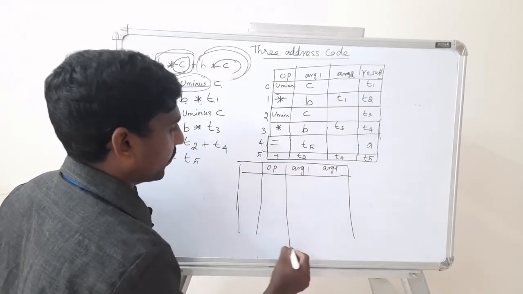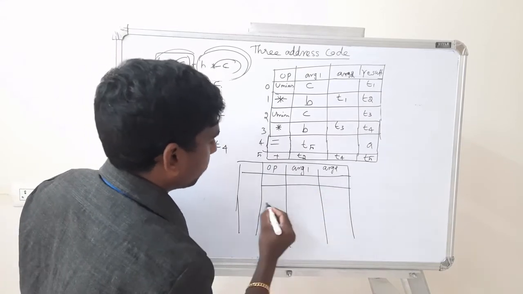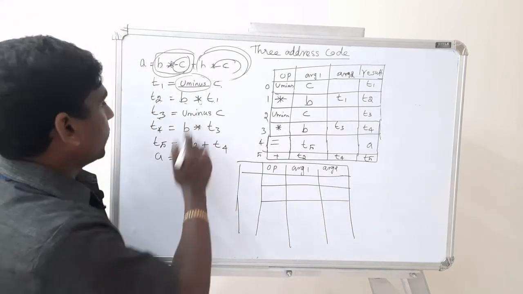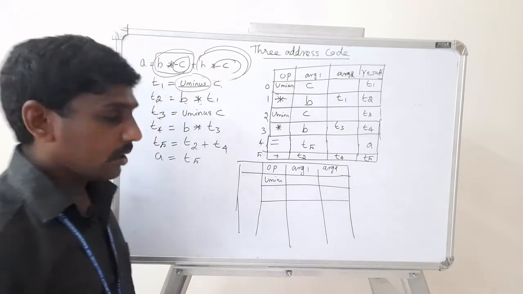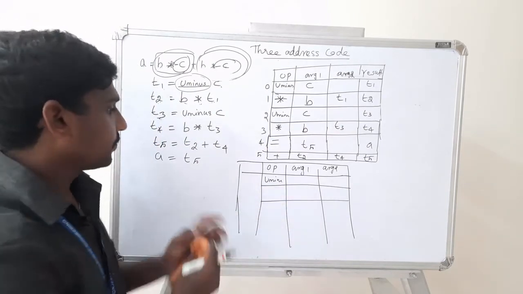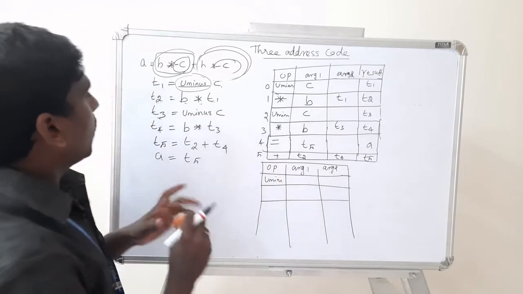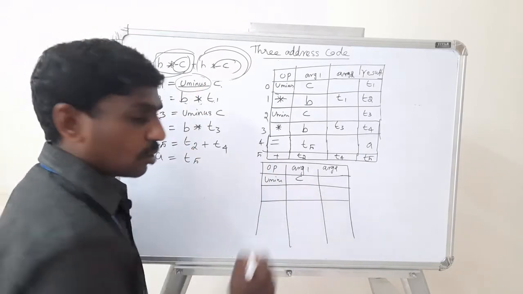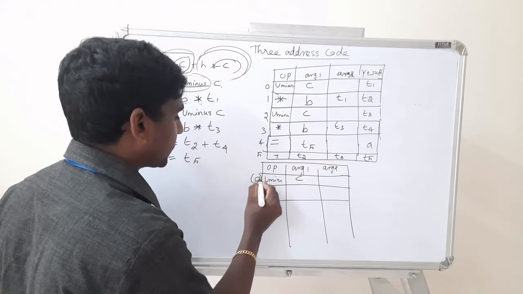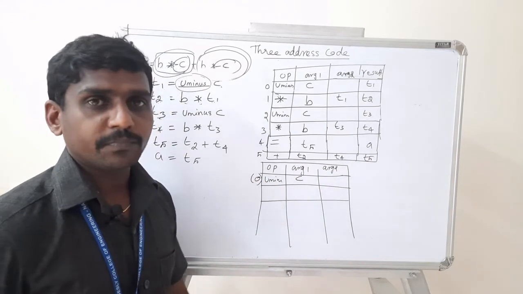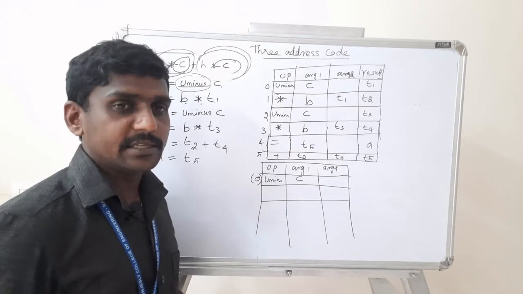See, only 3 fields. First one, operator: unary minus, U minus is the operator, and argument 1 is C. There is no result, but instead of the result we mark it with an indexed memory location, that is 0. That is T1, it's present in 0.